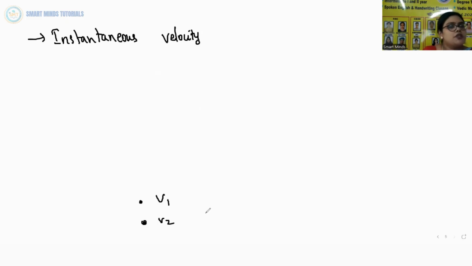Now let us see what is instantaneous velocity. Now see, at one instant of time, velocity will be different. At another instant of time, velocity will be some different. So at different instants of time, you get different velocities. Right. So what is instantaneous velocity?